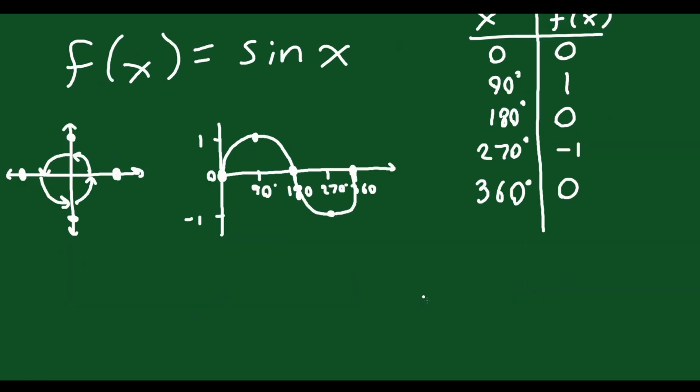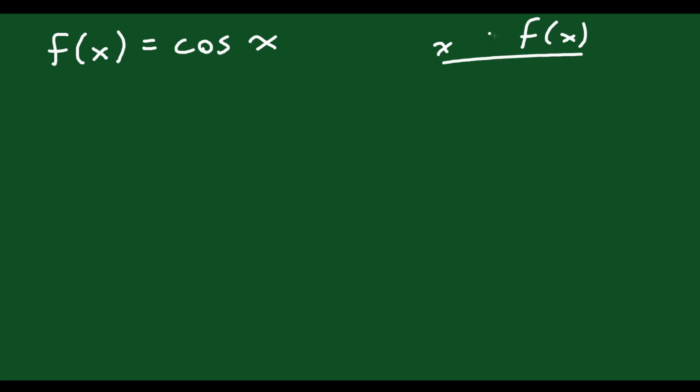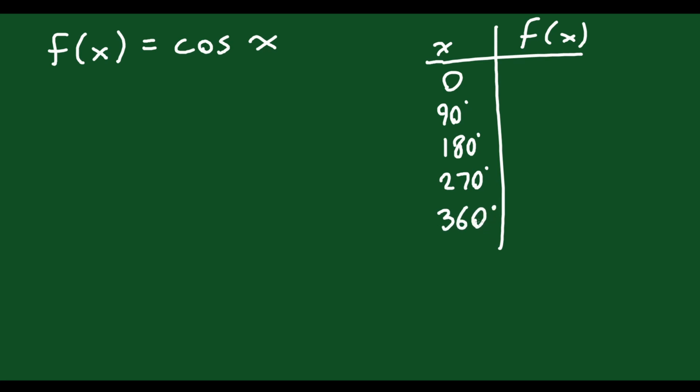Likewise, we can do this for cos, right? I could say f of x equals cos of x. And you could make a table of values all the same, just like this. You could use 0, 90 degrees, 180 degrees, 270 degrees, 360 degrees, so just every 90 degrees.